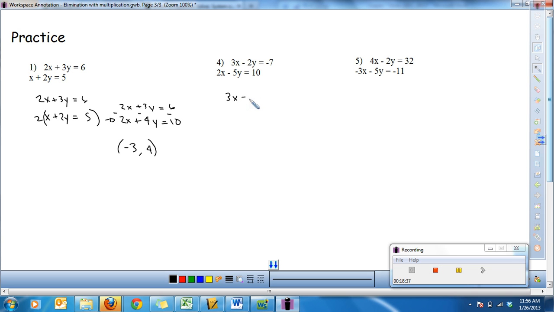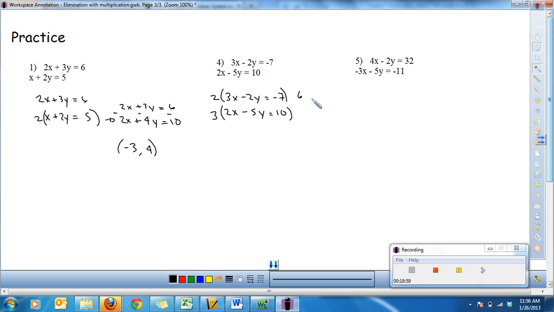For practice number 4, I'm going to rewrite these two. You would have had 3x minus 2y equals -7, and 2x minus 5y equals 10. You had to multiply both equations, so you could have either changed your x's or your y's. I'm going to try to make these 2 into 6, so multiply this first equation by 2 and this second equation by 3, multiplying it by each other.